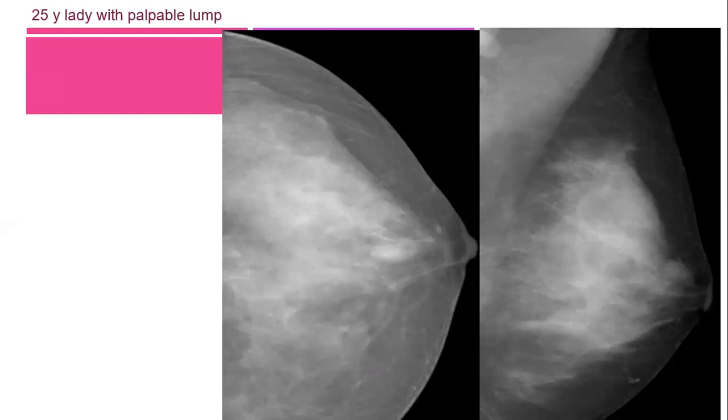Mediolateral oblique and craniocaudal views of the left breast show an oval, circumscribed, high-density mass at the retroareolar region.